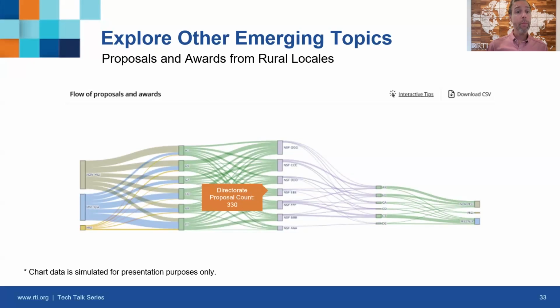So a tall bar means that the proposal count is high coming into a particular division or directorate within the NSF. And then flowing out to the right side, a smaller proportion, so the awards going back out to that same locale. So in a case like this, it's a way for Adesh to visually really see any kinds of disproportionate patterns in those award and submission rates.